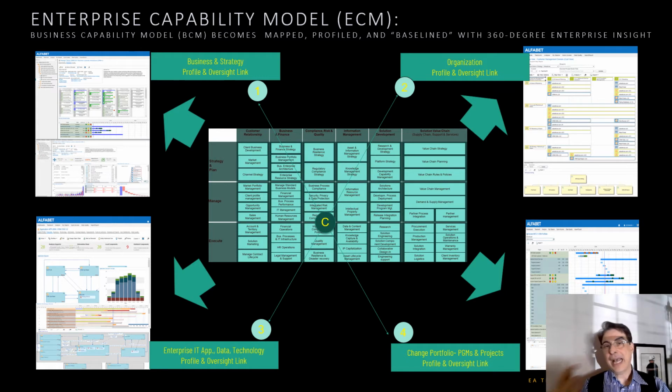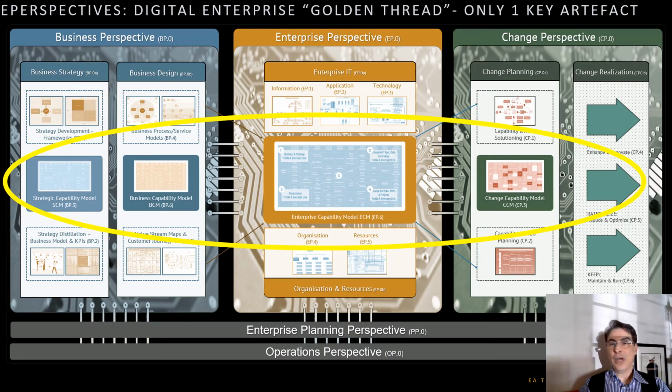Based on this, as I mentioned, CIOs and C-level people or decision makers can make fact-based decisions, not based on speculation or on which person does a better job promoting themselves or which vendor does a better job selling their things. So we talked about this golden thread.